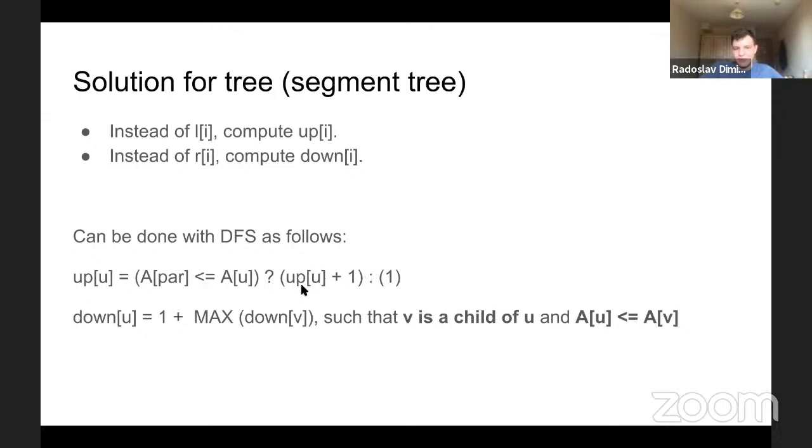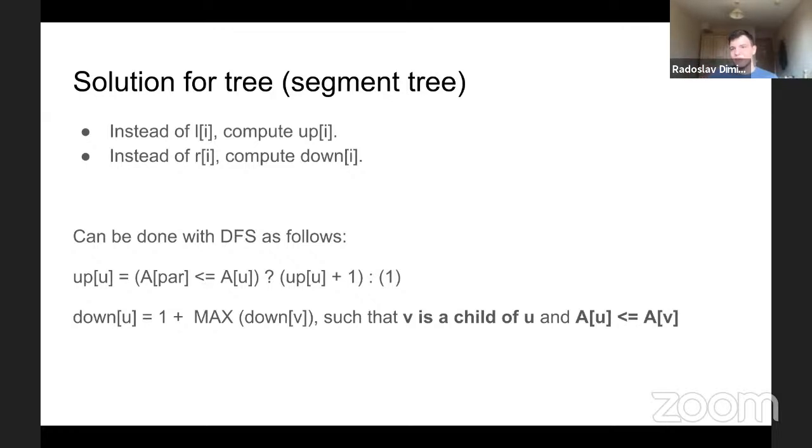I actually have a typo here, sorry about it. Instead of u, we would have parent. And if that's not the case, we would just have 1. This way we compute the up, and it means the length of the longest path going up such that it ends at the current position and is non-decreasing.